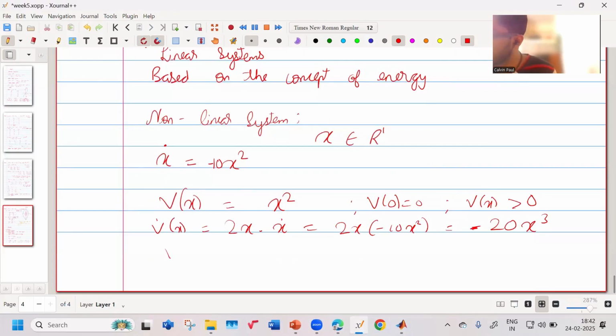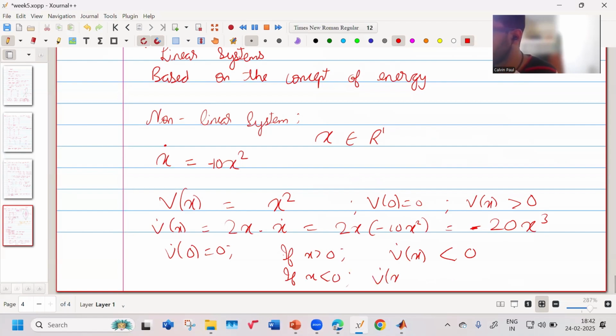Will it? We first say v dot of 0 is equal to 0. Now if x is greater than 0, then v dot of x is less than 0. But if x is less than 0, then v dot of x turns out to be greater than 0. So in this case, this system is not stable, right? That is how we find stability in terms of Lyapunov function.